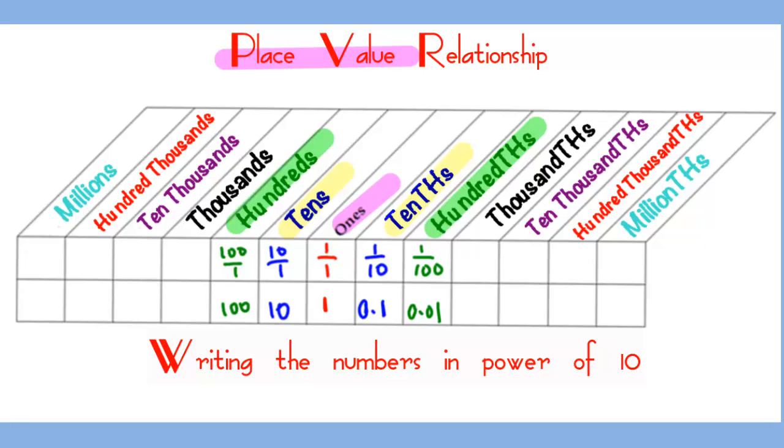Going forward, the one right next to them is thousandths on the right and thousands on the left, and you can translate that into number format. Next is ten-thousandths, and the one on the left is ten-thousands without a th, which you translate into numbers.